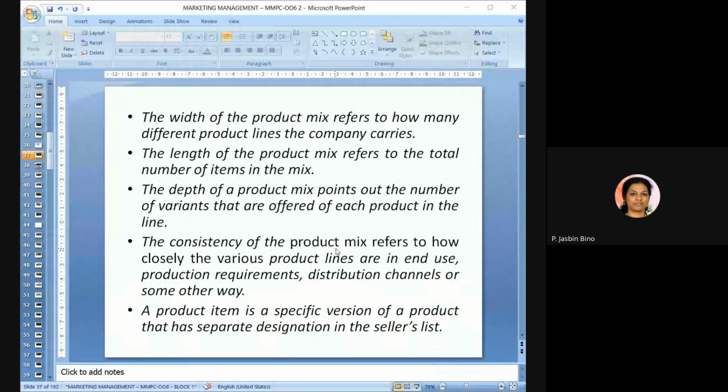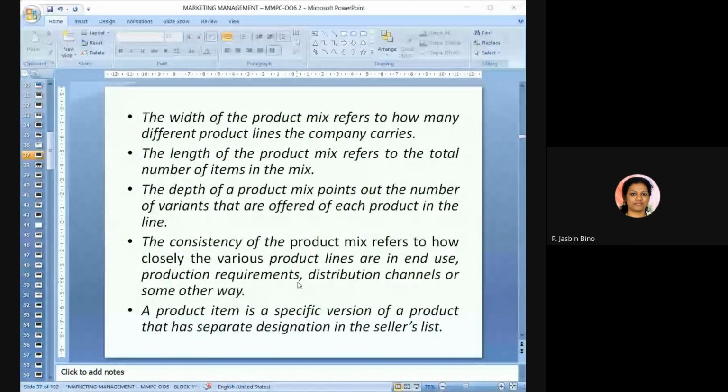Each product has different variants, different colors or different flavors and so on. That is the depth of the product mix. Next is the consistency of the product mix. It refers to how closely the various product lines are related in end use, production requirements, distribution channels, or in some other way. That is the consistency of the product mix.